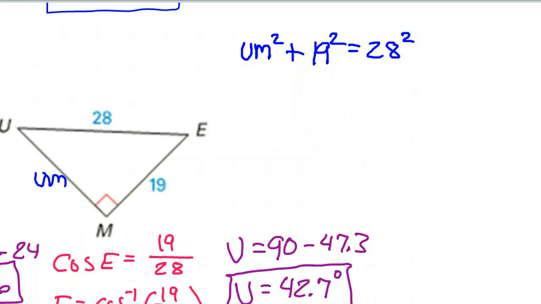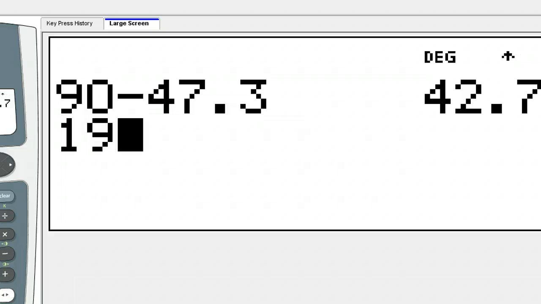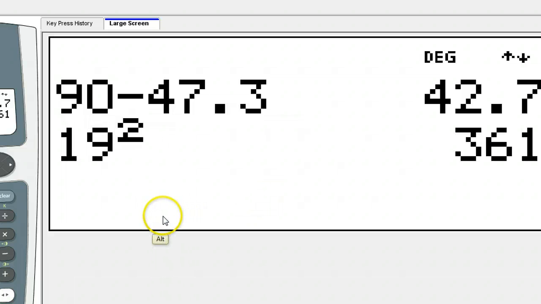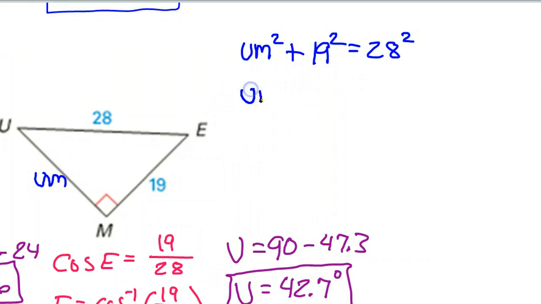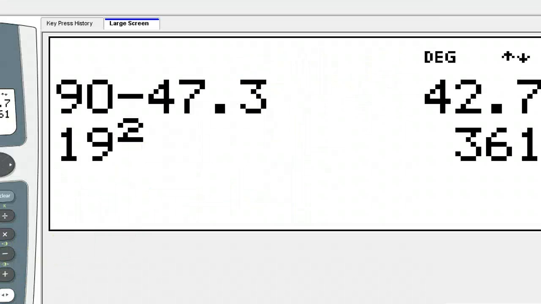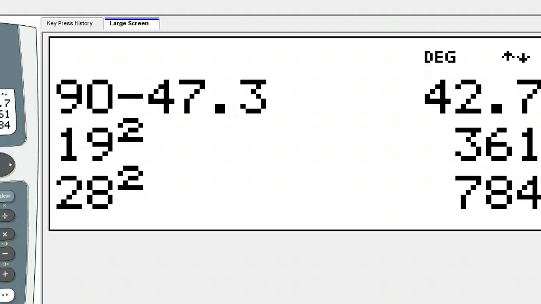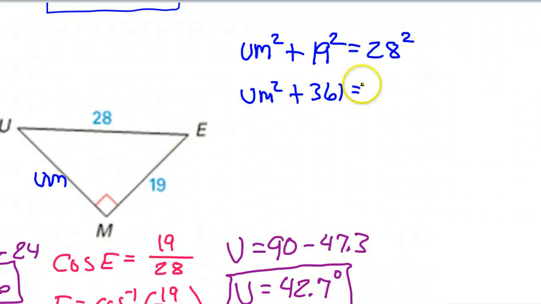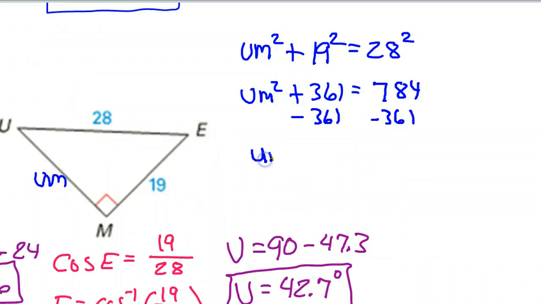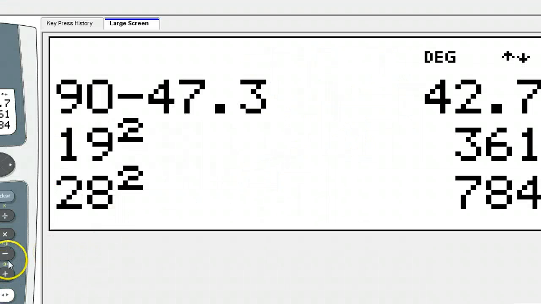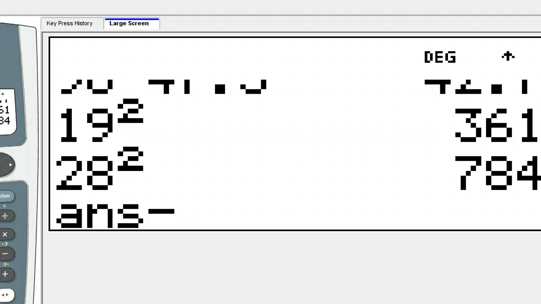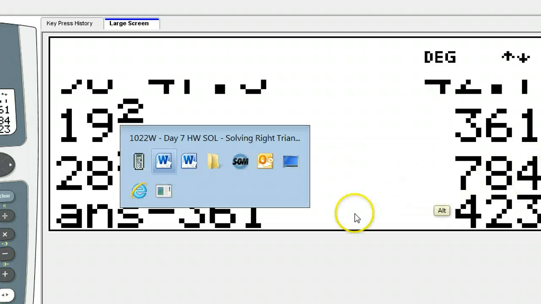So let's see, 19 squared is 361. 28 squared is 784. So that gives me UM squared is equal to 423.